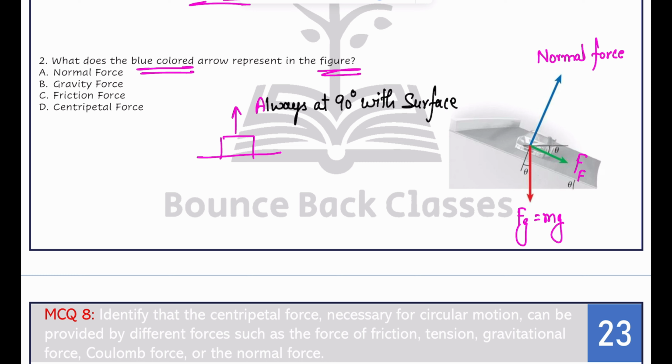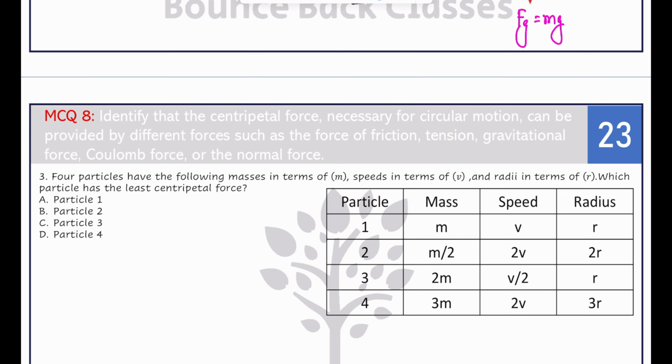Okay, in this case, can you understand this is your surface? Yes or no? So with the surface, this makes an angle of 90 degree. So this is your normal force. So answer A. Is it fine? Clear?